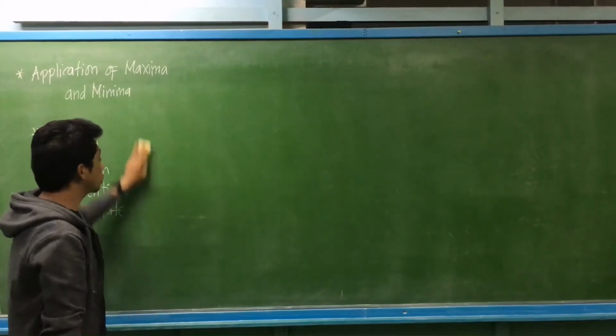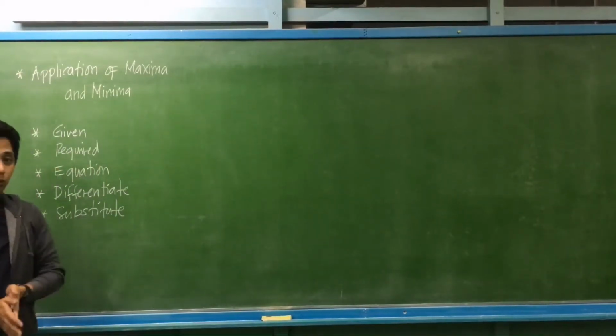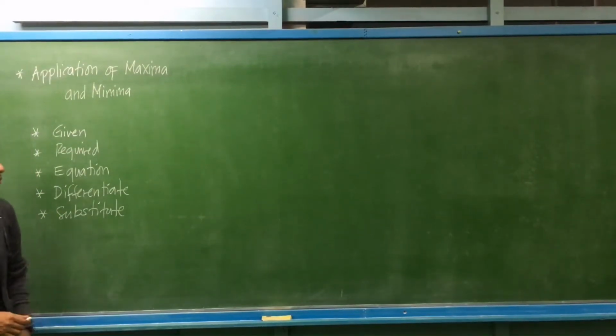So usually when it comes to problem solving, for this topic we are to encounter worded problems. If you are solving a worded problem here in differential calculus, all you have to do is follow these steps.